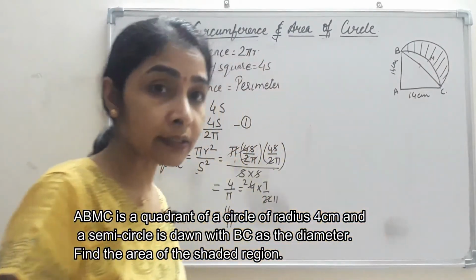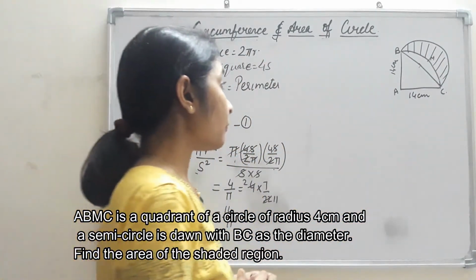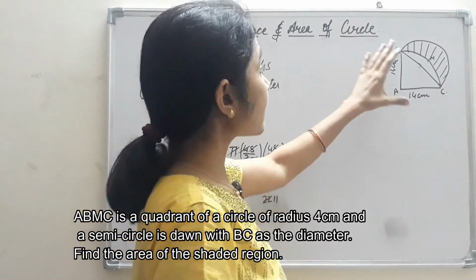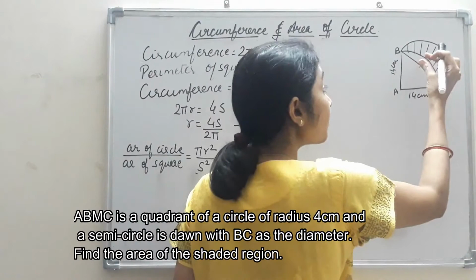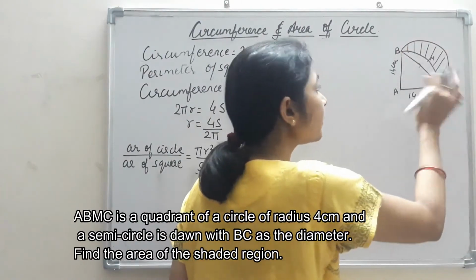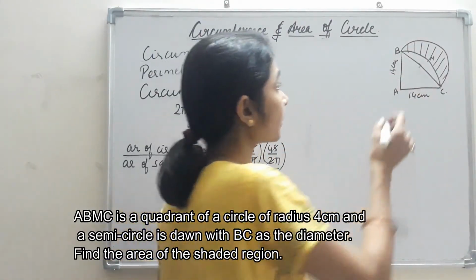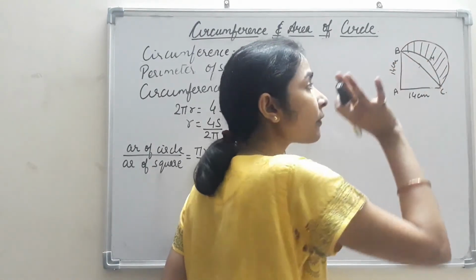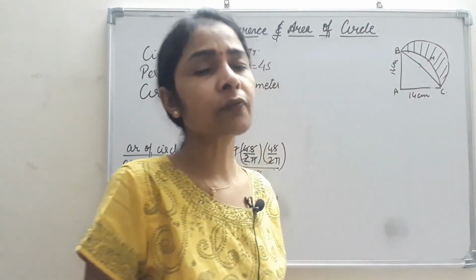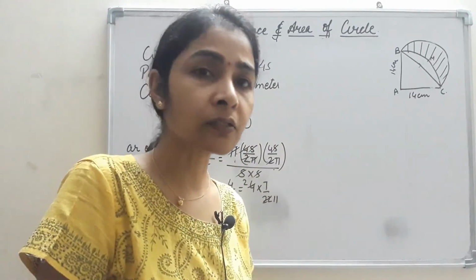Now how will we find that? First of all, we are supposed to find the area of this segment, because we can easily find the area of this semicircle. This whole is the semicircle. The formula for the area of a semicircle is half pi r square.